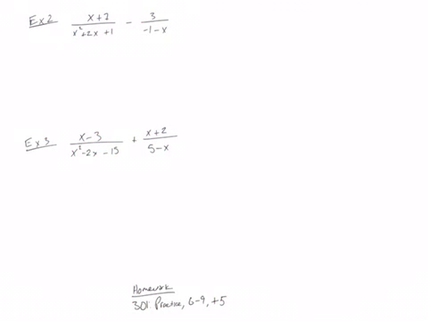Let's try two more that have something similar to that. Factor this denominator here, so I'm going to have an x plus 7 on top. x and x, this last one's positive, so the signs will both be the same. That's going to be 1 and 1. Notice I don't have an x plus 1 here, I have a -1 minus x.